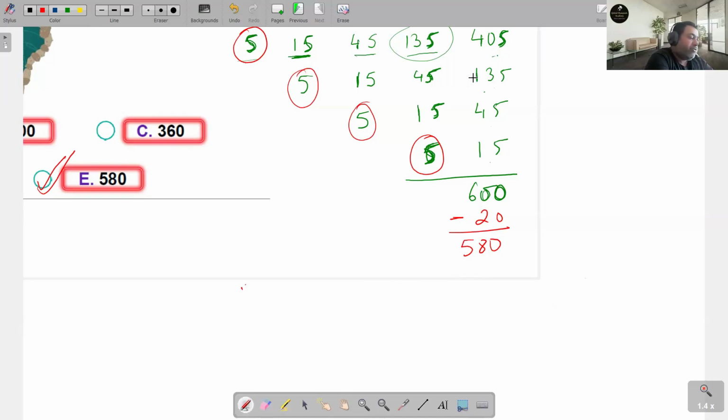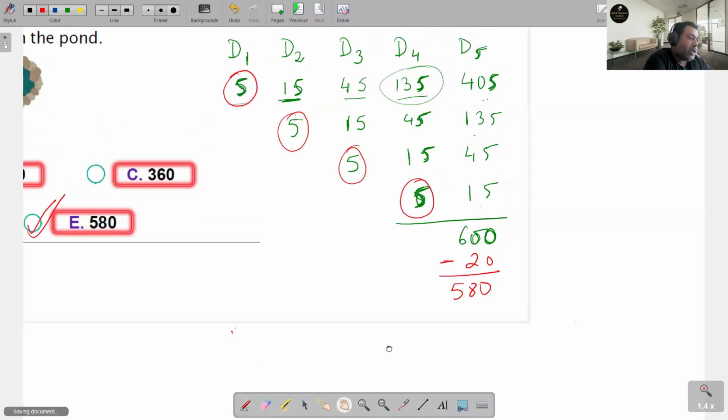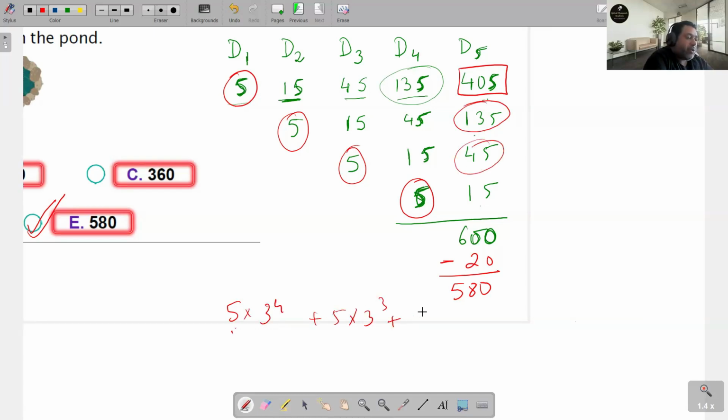If you look at these figures here, the coins which were there in the beginning, this is 5 into 3 to the power 4. These are plus 5 into 3 to the power 3, plus 5 into 3 squared, and plus 5 into 3 to the power 1.